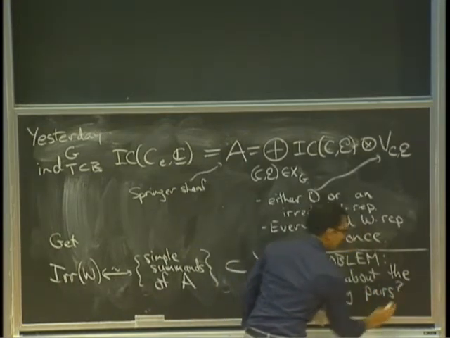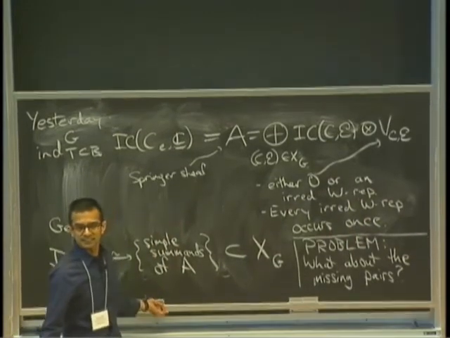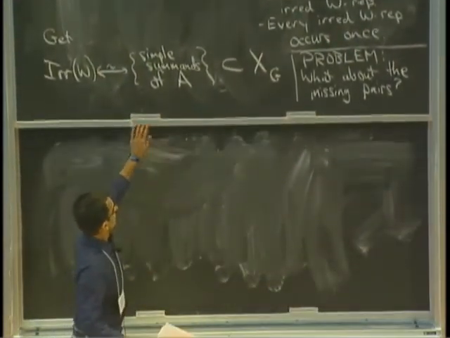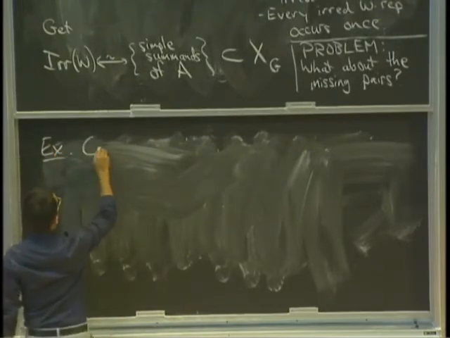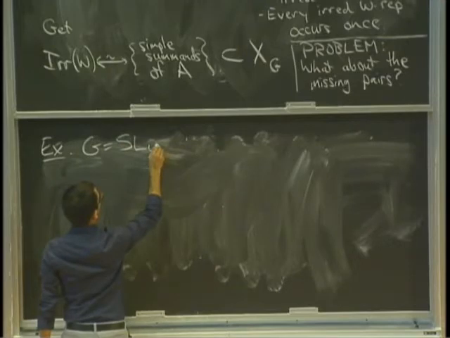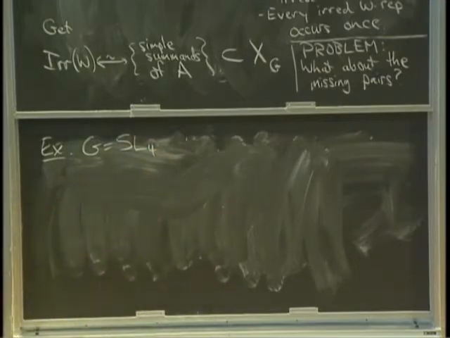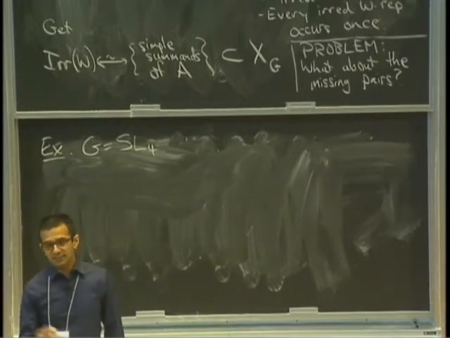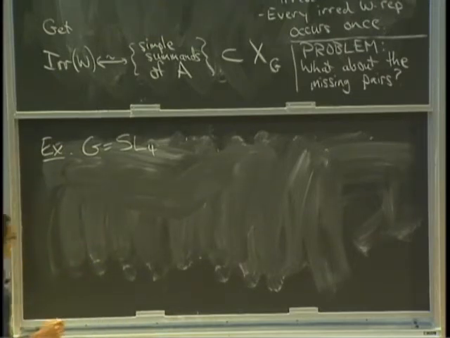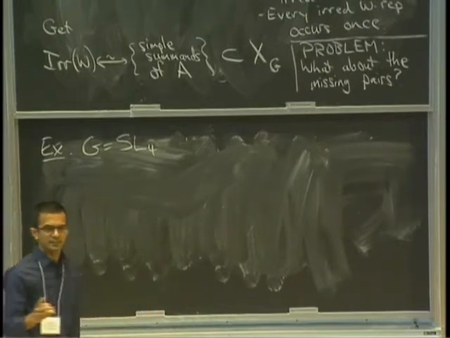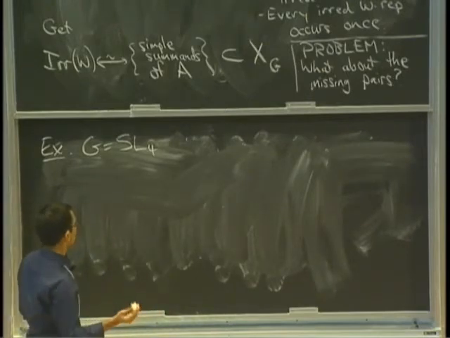And just to have something concrete to keep in mind, I'll fill in this example a bit more later in the talk. But for SL4, you can write down all the unipotent classes that are labeled by partitions of 4, and there are 5 of them. And then you can sit down and compute what the A groups are. And they're all pretty small. One of them is Z mod 4, there are 2 others that are Z mod 2, and then the rest are trivial.